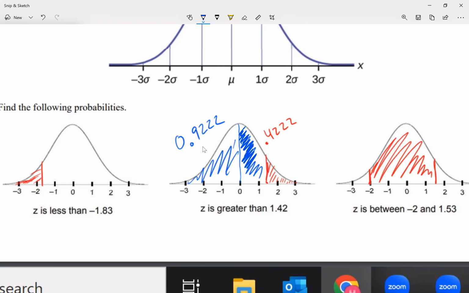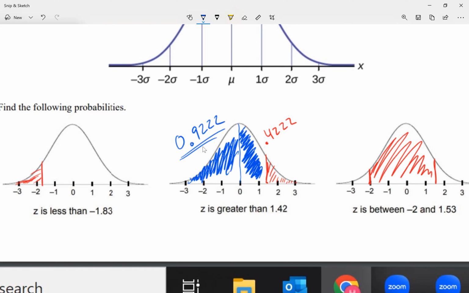This little piece that I made a little darker is 0.4222. Remember, I got that from my table. But then this right here is 0.5. So combined, all of this is 0.9222.